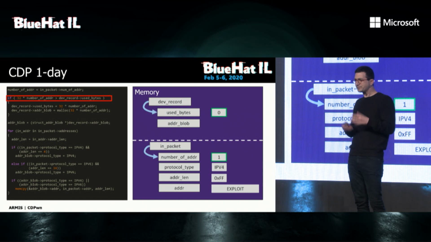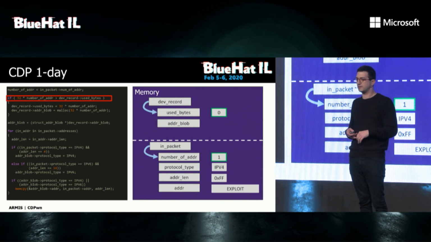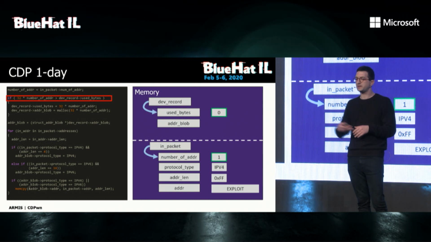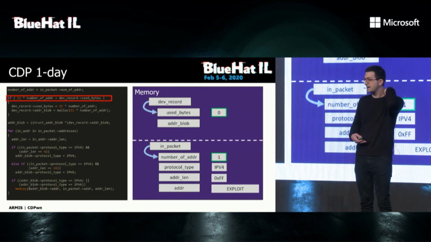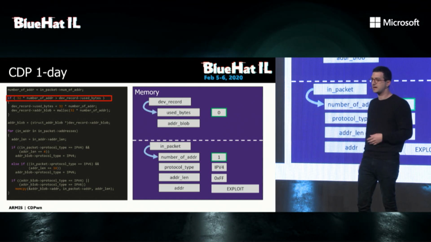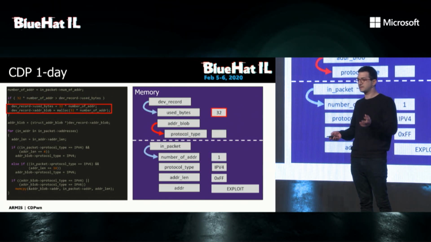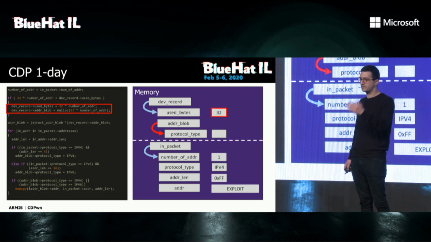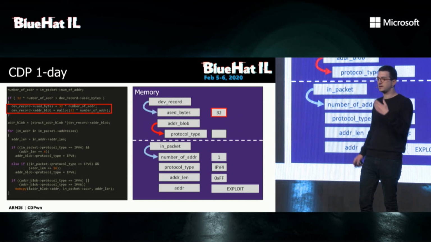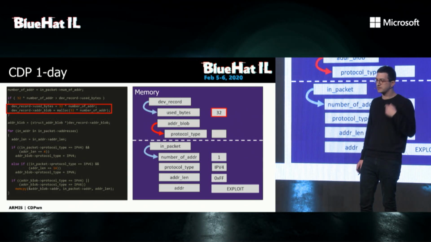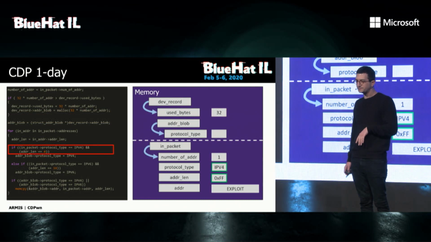This is a structure that represents a certain CDP neighbor, a certain CDP device that is connected and sends CDP packets. That is allocated for each CDP neighbor, and inside it is an address blob for all the addresses that has been parsed. So initially, every time a packet is received, this address blob will either be allocated or be reused from a previous allocation.